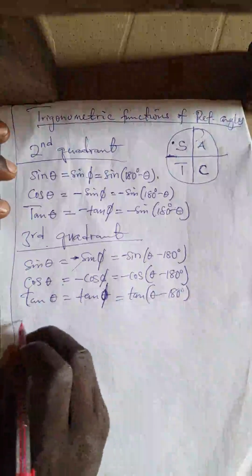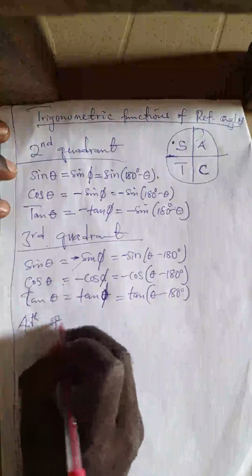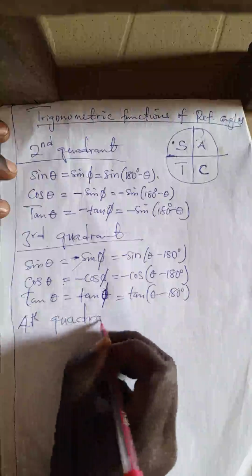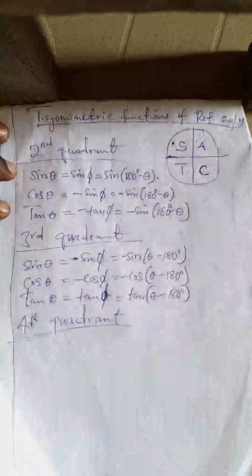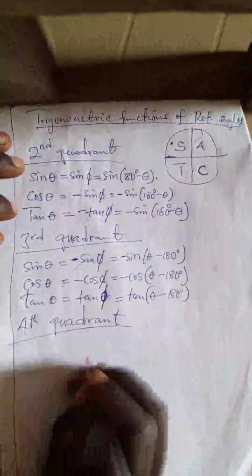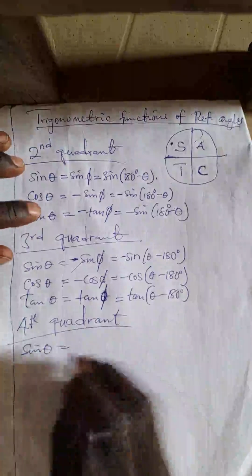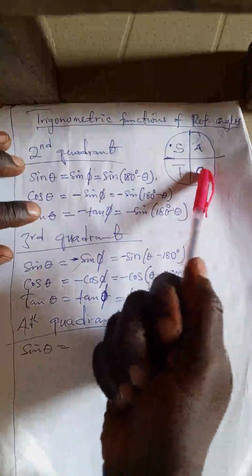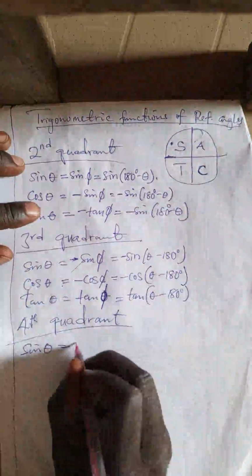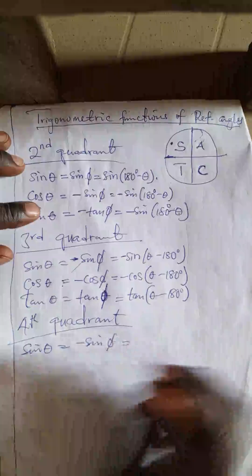Now in the fourth quadrant, you have sine theta is equal to, only cosine is positive here. So this is equal to negative sine phi, when phi is the reference angle.